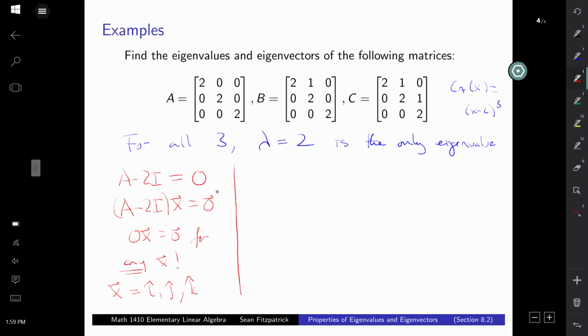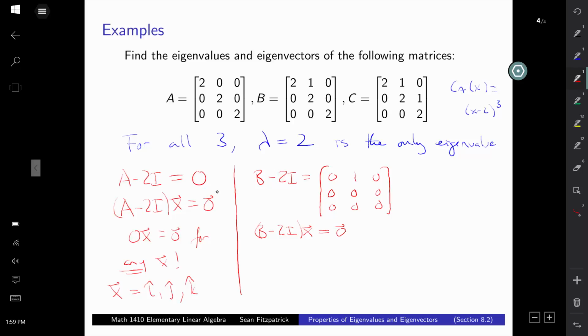Now, when I do B minus 2 times the identity, right, you can see that something survives. That 1 up there sticks around, right? And so if I were going to do B minus 2 times the identity times x, set that equal to 0, well, that matrix there is already in reduced echelon form.